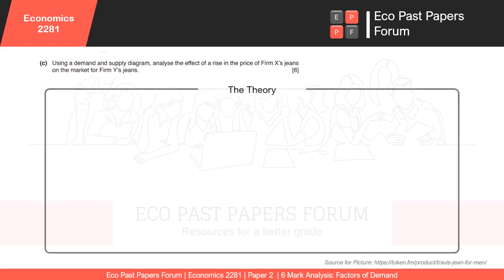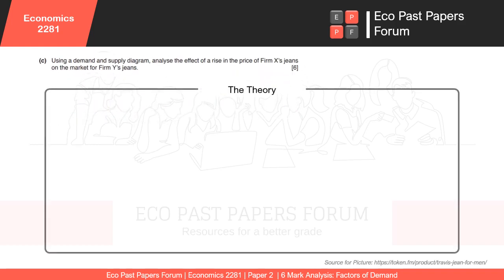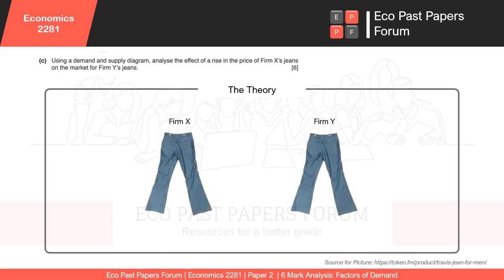So let's understand the theory behind the question. There are two firms, firm X and Y, both produce jeans. So of course you could either wear the jeans of firm X or you could wear the jeans from firm Y. That means both the products are substitutes, which means if the price of firm X jeans increases, its demand is going to contract.